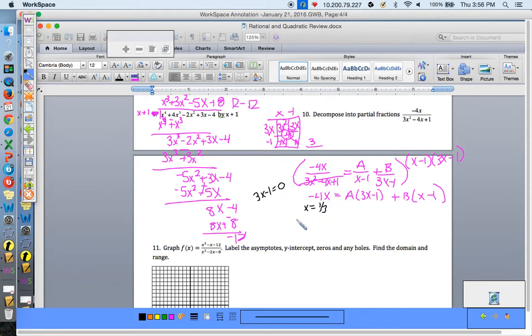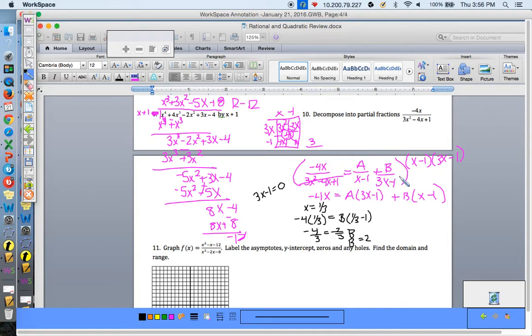And now we plug that in, so negative 4 times 1/3. We know it'll make a 0 in this parenthesis, so B times 1/3 minus 1. So we have negative 4/3 equals, well, that'd be negative 2/3 B. Well, we'd have to double it, so B has to equal 2.